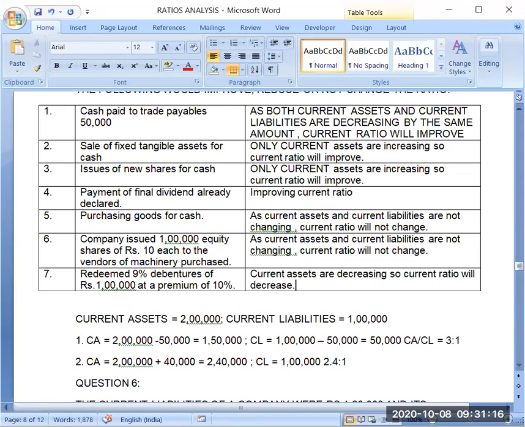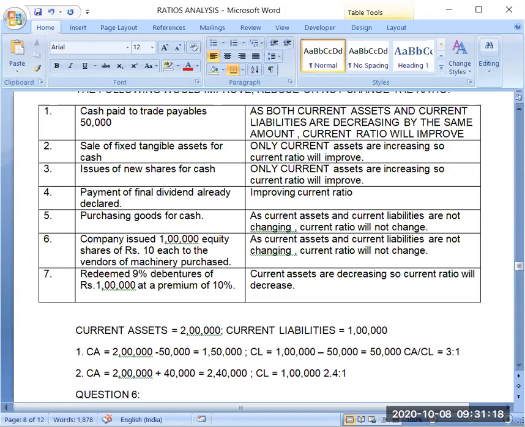But it can have another answer also. When I was teaching you the balance sheet in the first chapter, I told you that if your debentures are about to be redeemed in the coming year, then obviously those debentures will be shifted from non-current liability to the current liability portion.